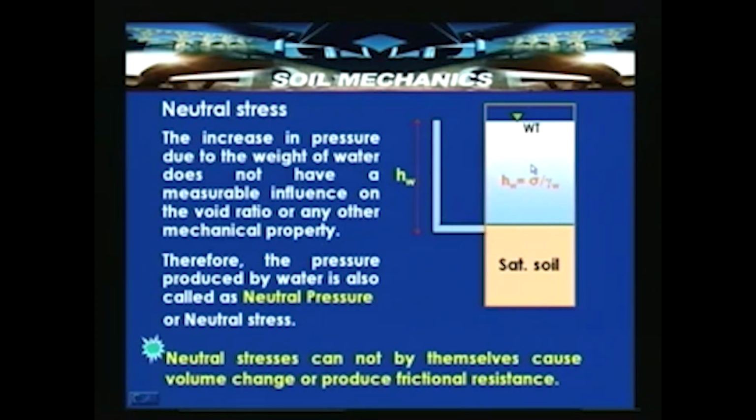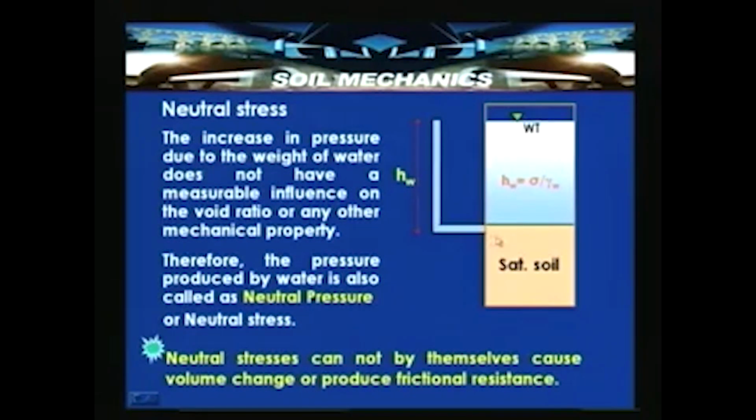Then we said that sigma is equal to sigma dash. Because of the placement of the lead balls, there is a change in void ratio, that is, a decrease in void ratio, e0 minus e1, which induces some change in the mechanical properties of the soil that can change the shearing resistance. Here in this case, though it is subjected to an equivalent stress as in the previous case, the increase in pressure due to the weight of the water does not have a measurable influence on the void ratio or any other property.